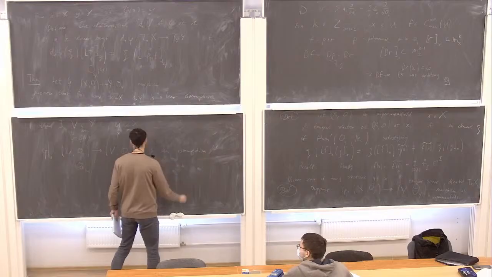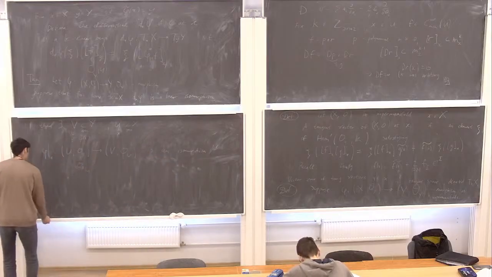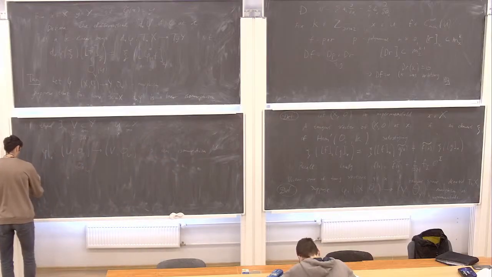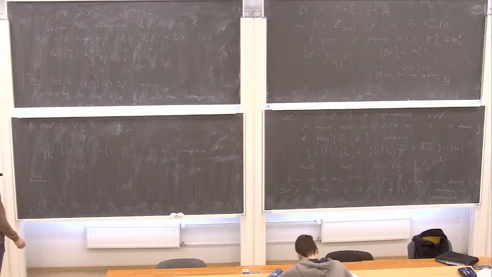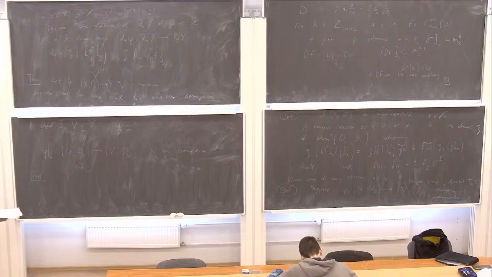Okay. Fair enough. So okay, let's prove this. I need to be a little bit more explicit. What could be a matrix? What is the basis? I would like to see some matrix for d_x phi in some basis. And the basis is a very natural basis.